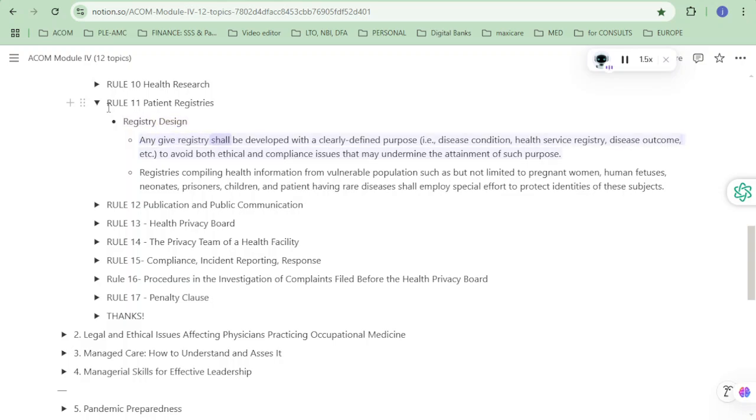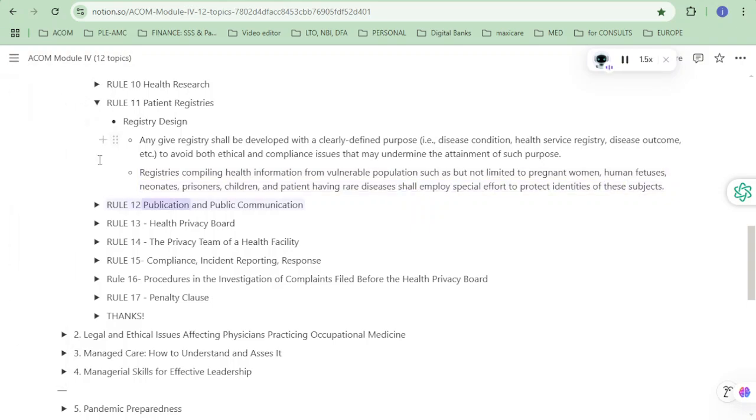Any given registry shall be developed with a clearly defined purpose, i.e., disease condition, health service registry, disease outcome, etc., to avoid both ethical and compliance issues that may undermine the attainment of such purpose. Registries compiling health information from vulnerable populations such as but not limited to pregnant women, human fetuses, neonates, prisoners, children, and patients having rare diseases shall employ special effort to protect identities of these subjects.